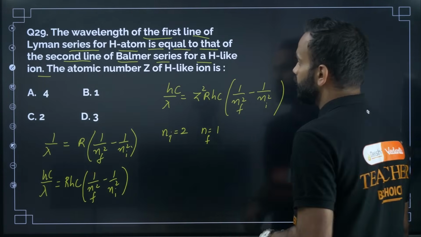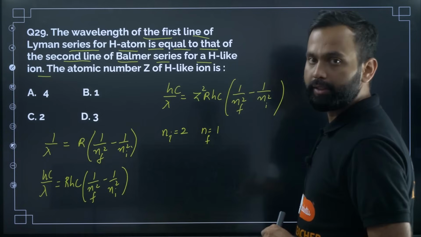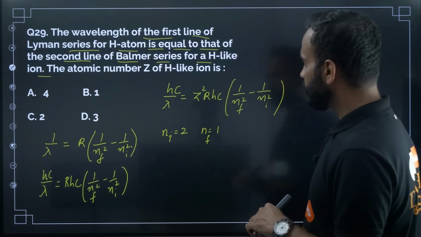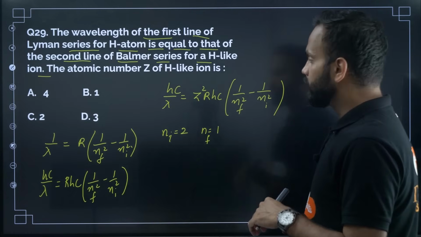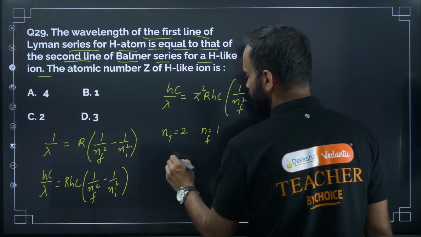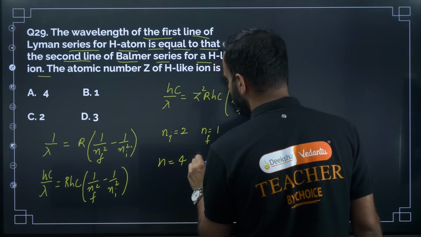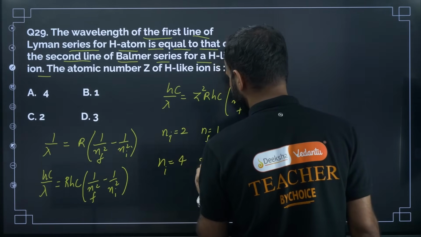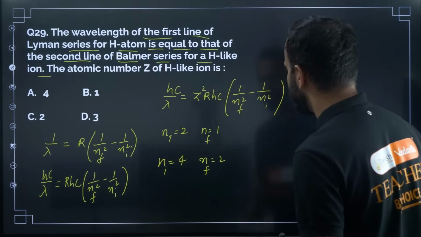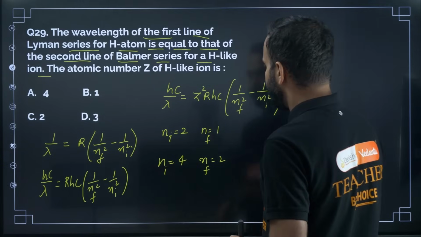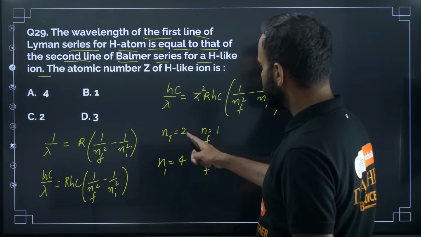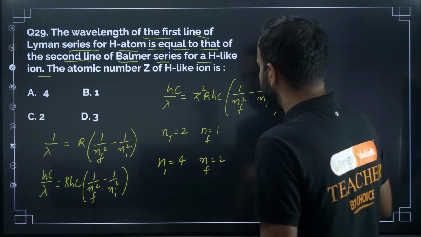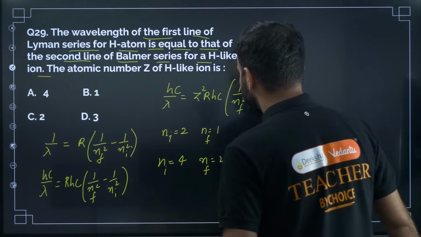In the second line of the Balmer series, electron makes transition from n equal to 4 to n equal to 2, right? So here this will be Ni and Nf, isn't it? So here these two are equal, right? We need to find Z, atomic number.